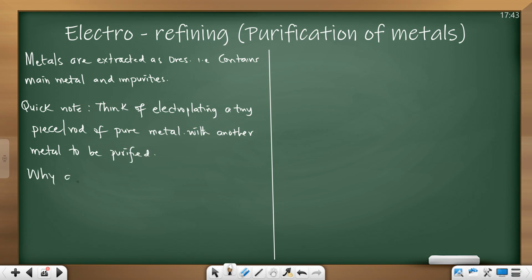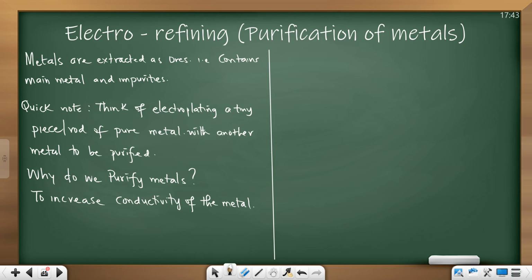Why do we purify metals? Basically, to increase the conductivity of the metal.